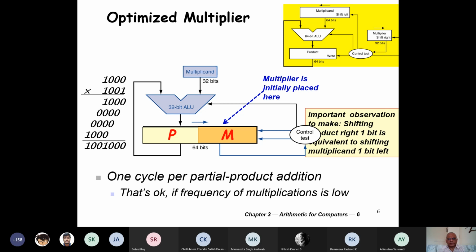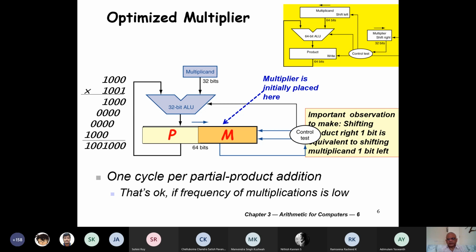Takes less storage, less number of steps, in the sense that we don't have a separate left shift and right shift. We just do one right shift on this shift register, and that's good enough. So this is the optimized multiplier. If you are okay with this, we'll look at division.